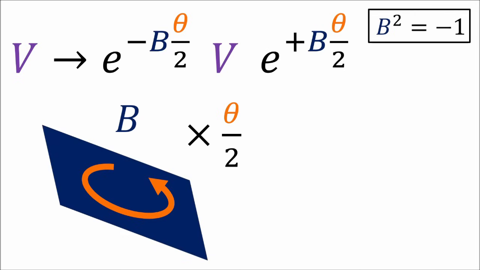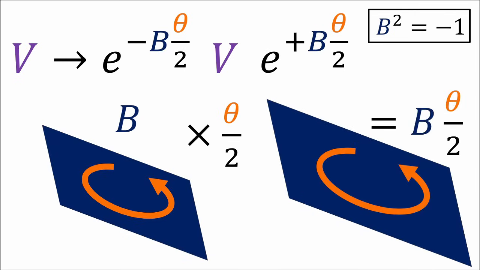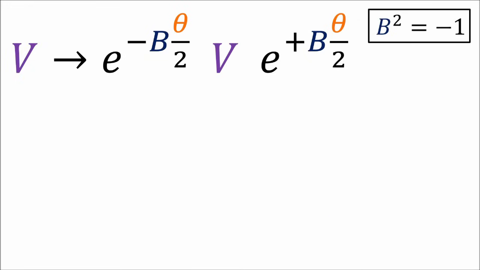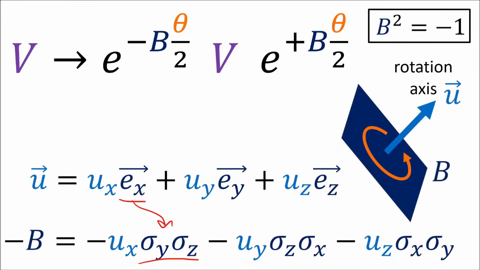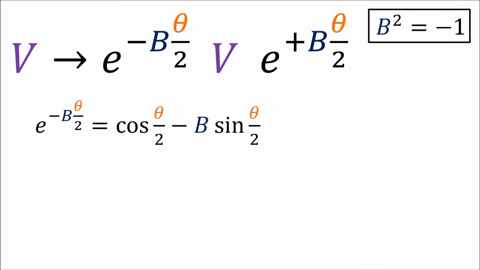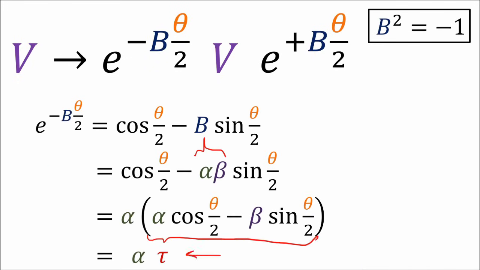The theta over 2 scales the size of the bivector to the size required for rotating by an angle theta. One way to get the required bivector in 3D is to write out a unit vector for the axis of rotation, and then replace the basis vectors with the corresponding orthogonal bivector planes. After being exponentiated, the bivector becomes a versor, and this is what performs the rotation.